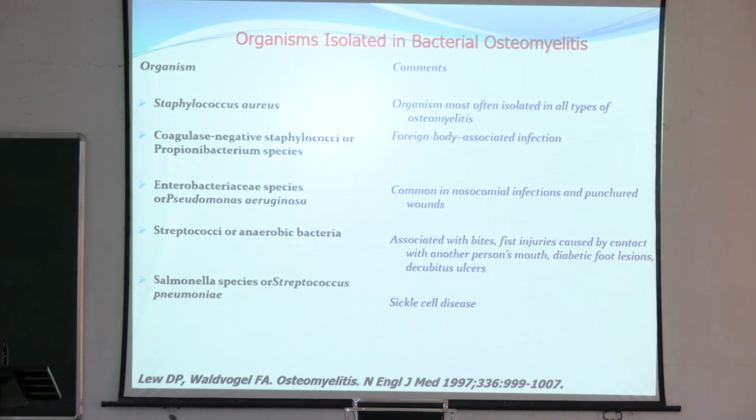There is nothing to tell about this. This again is very much theoretical. For exam sake, I am just completing the slide. Again, Staphylococcus aureus is the most common. If you see the other group of organisms, we have the coagulase negative staph, the Enterococcus, Streptococcus, and the Salmonella species. I think you have all read this in pathology.